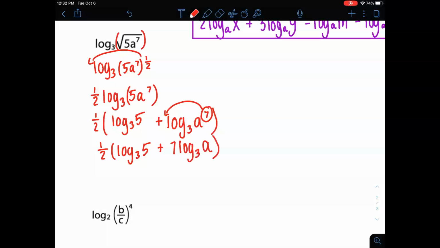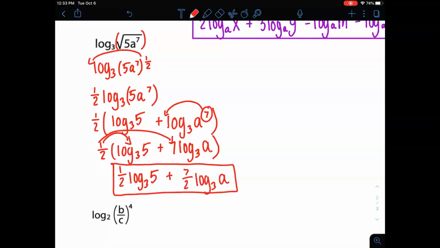Now, this is a completely acceptable answer unless we want to take it one step further or you're told that there can be no parentheses. This coefficient acts on both of those, that distributive property. So this becomes 1/2 log base 3 of 5 plus 1/2 times 7, or 7/2 log base 3 of a.